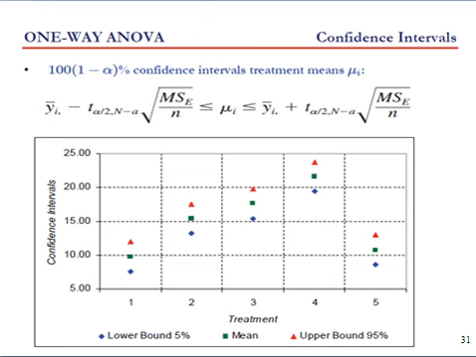If they are overlapping, then there is no statistically significant difference between the mean values. But here, if you see 15 and 30, huge difference, 30 and 35. So the conclusion would be that we are rejecting the null hypothesis.